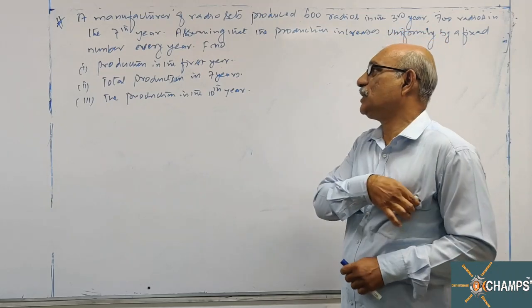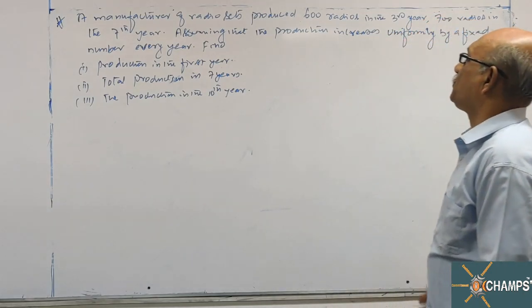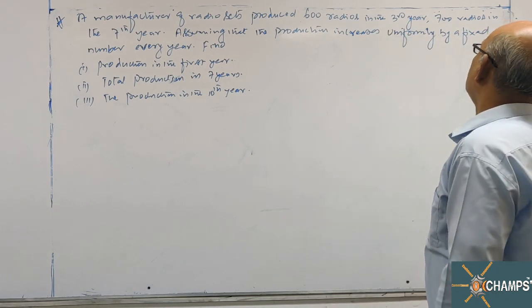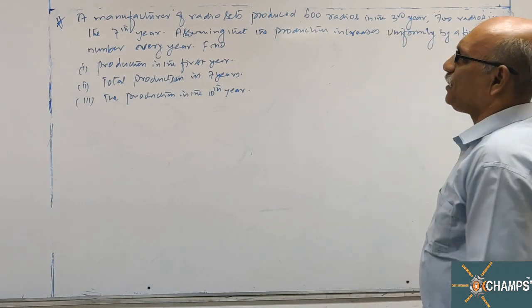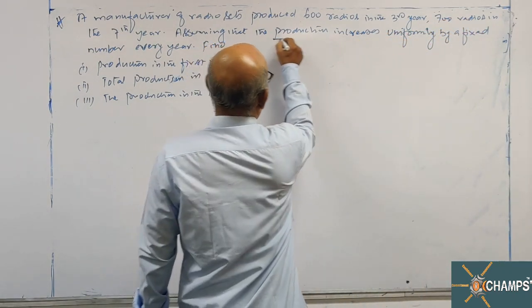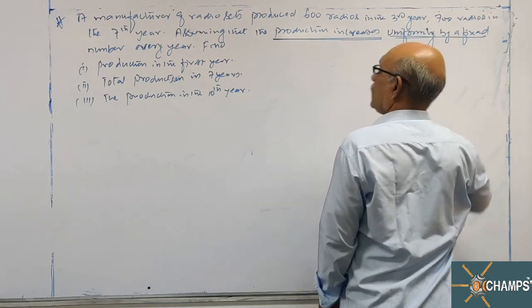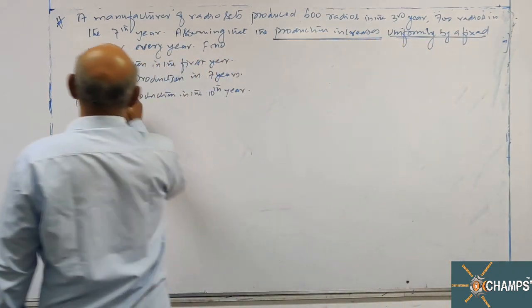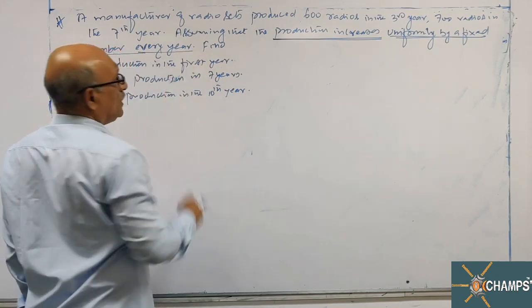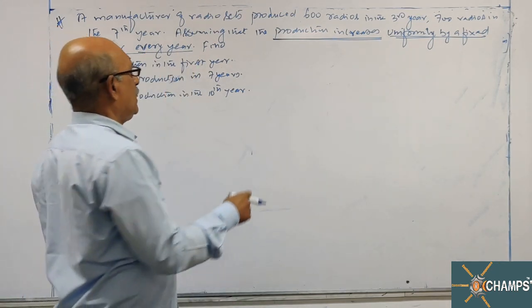Okay, look at the question. A manufacturer of radio sets produced 600 radios in the third year, 700 radios in the 7th year. Assuming that the production increases uniformly by a fixed number every year. So assuming the production is in arithmetic progression.